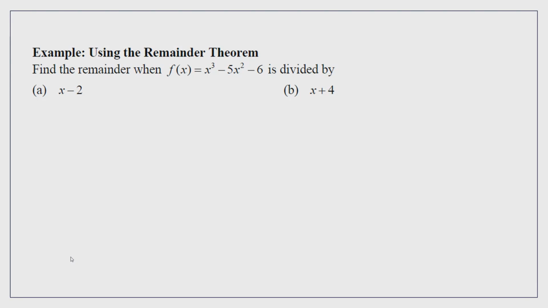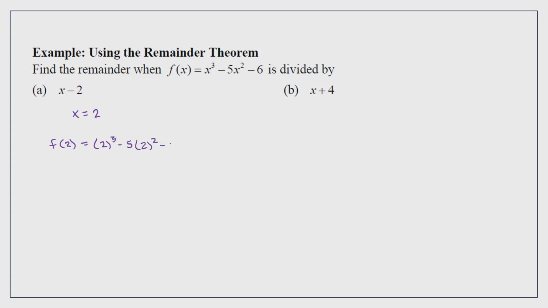So here we're asked to find the remainder when f of x equals x cubed minus 5x squared minus 6 is divided by x minus 2. Our factor is x minus 2, which means x equals 2 when we set x minus 2 equal to 0. So we can evaluate f at 2 by substituting 2 in for x.